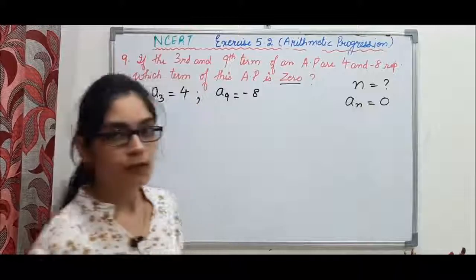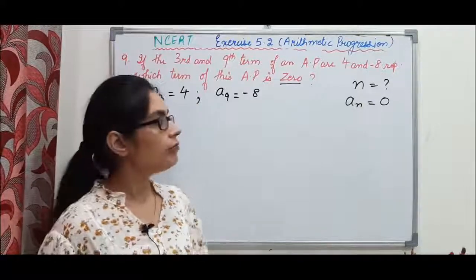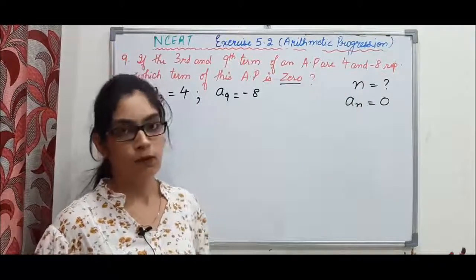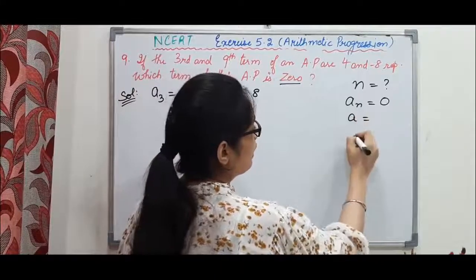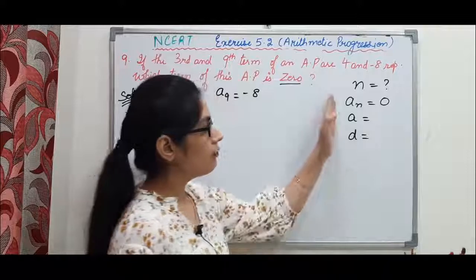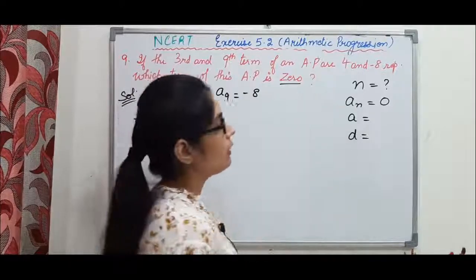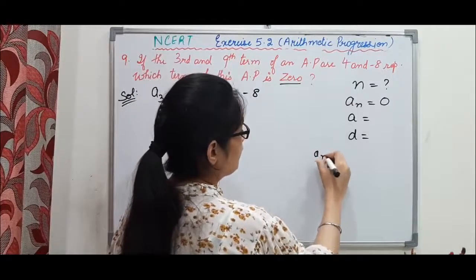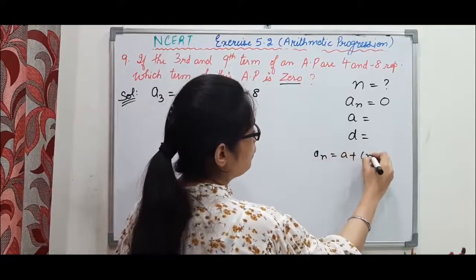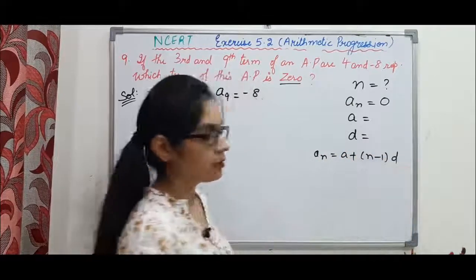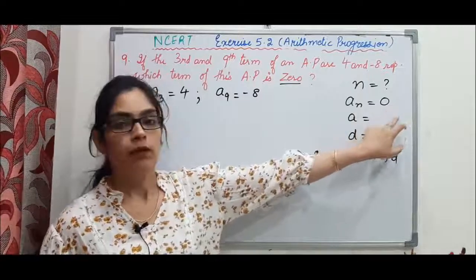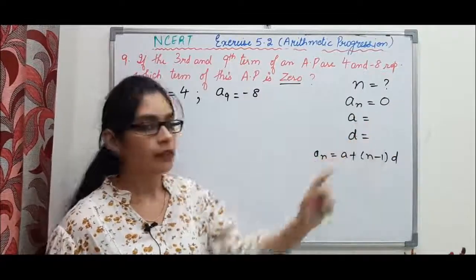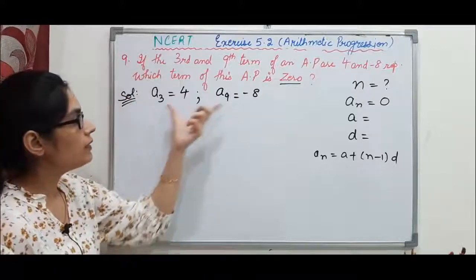So An, when An is 0, I have to find in that case what is the value of N. For that also I need at least A and D. If I have three things, then I can find the value of N in this expression, like An is equal to A plus N minus 1 D. So in this expression I should have three things. So now only I know the value of An. So we have to find the value of A and D from these two given things.